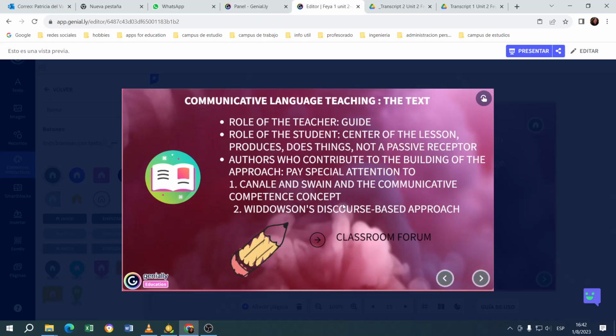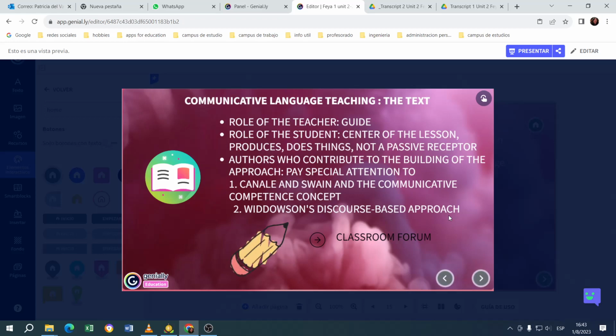Okay? And finally, please don't miss the reference to Widdowson's discourse-based approach. It is related to what we are discussing. Widdowson speaks of language as language that is alive, as I said before, in a particular context, and he defines discourse and text in discourse.